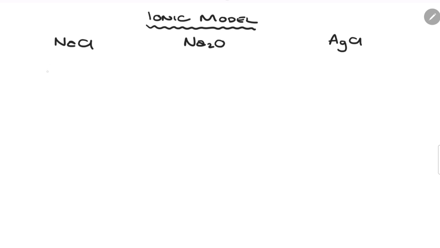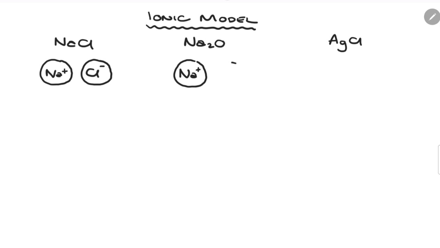So for NaCl, we would assume that we have an Na+ ion next door to a chloride ion. In a similar way, sodium oxide will have an Na+ ion next door to an oxide ion, O2-.